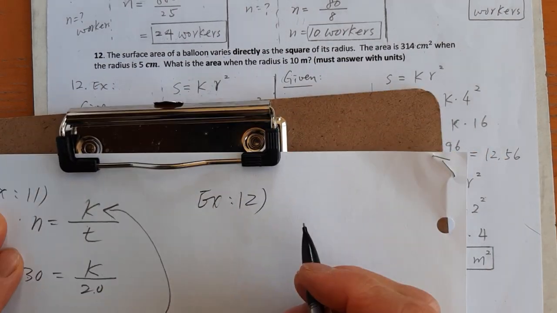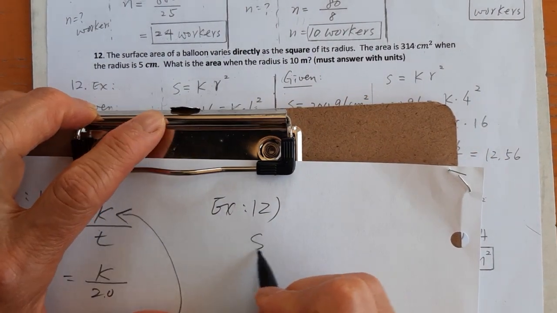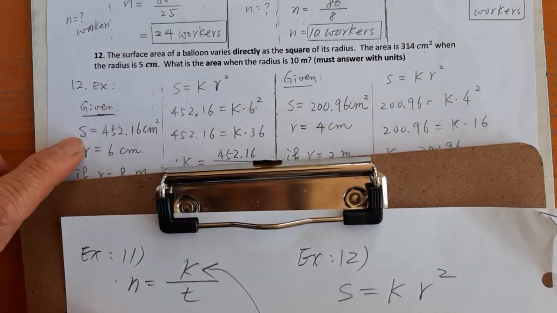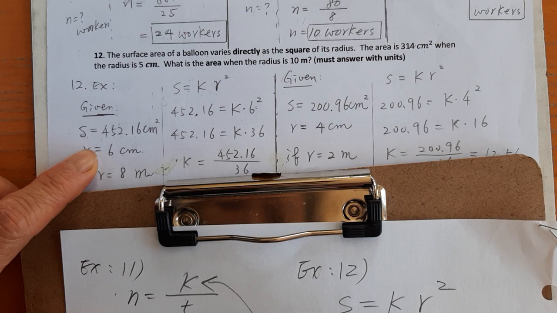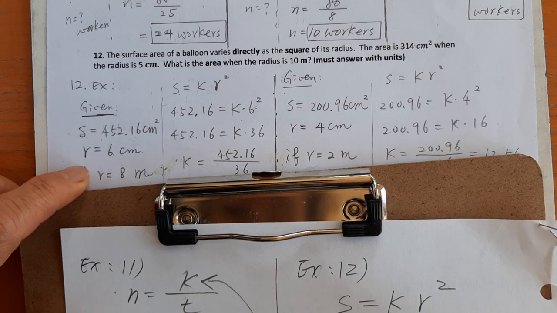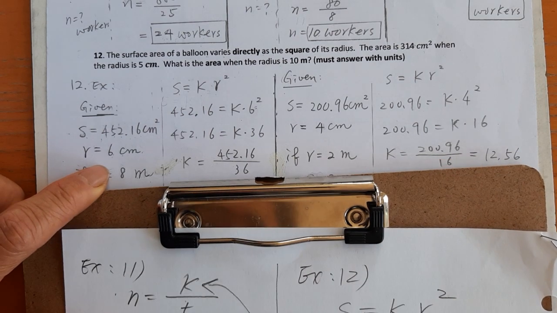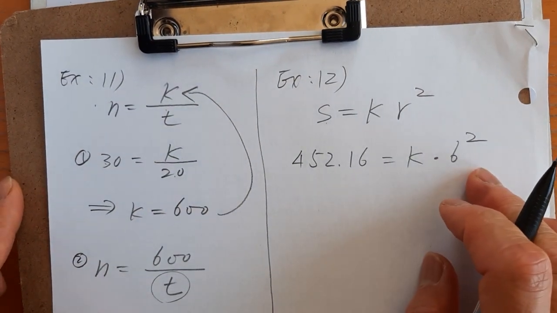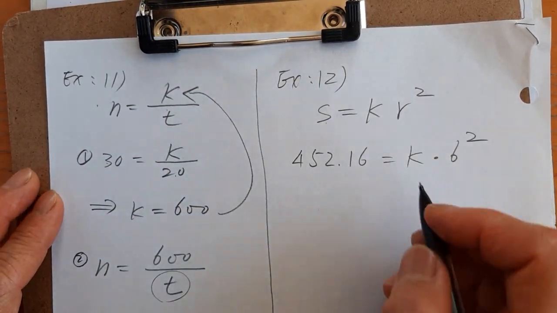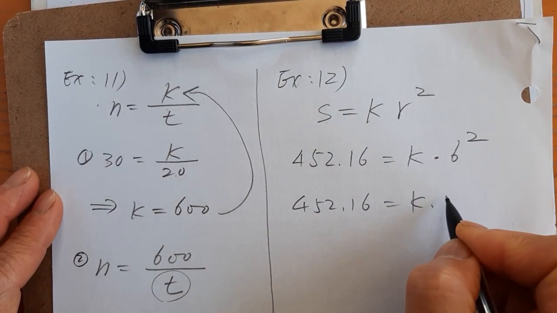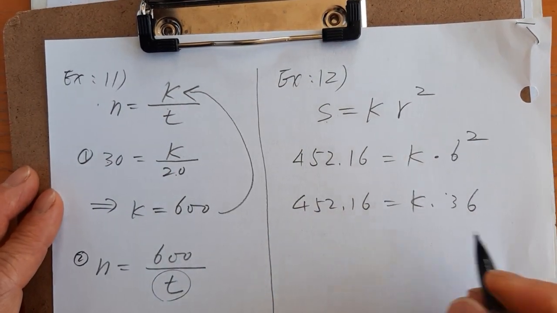Surface area equals K times R squared. Now the given condition is S equals 452.16 centimeters squared equals K times R squared, where R is 6 squared. So from here, you can solve for K. 452.16 equals K times 6 squared. 6 times 6 is 36.